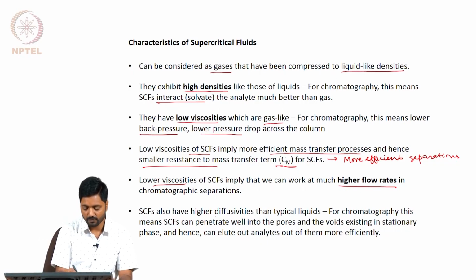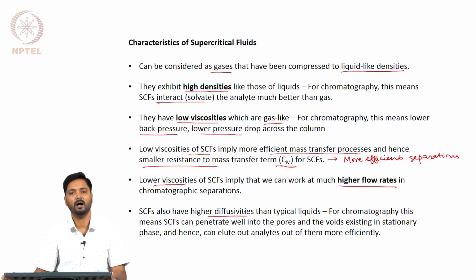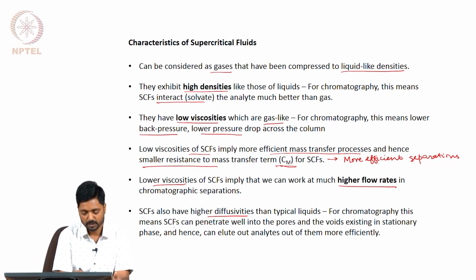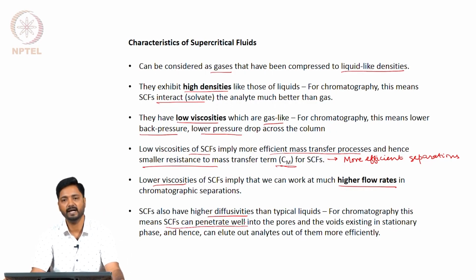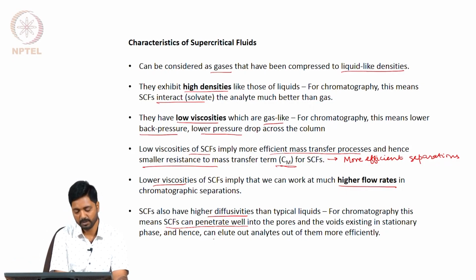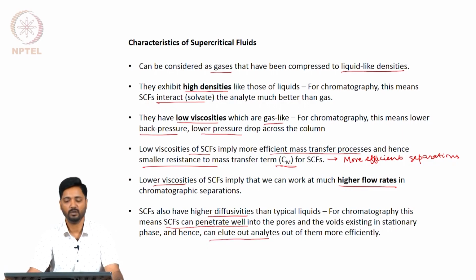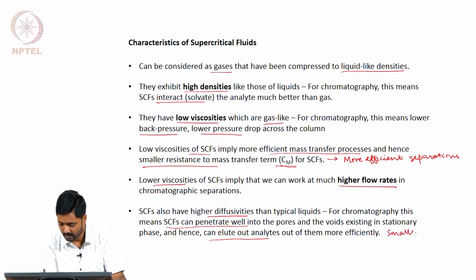The diffusivities of supercritical fluids are much higher, and that implies for chromatographic separations that the supercritical fluids can penetrate well into the pores and the voids that are present in the stationary phase, and hence they will be able to elute the analytes out of them more efficiently, and this again relates to a smaller Cs term in the Van Deemter equation.